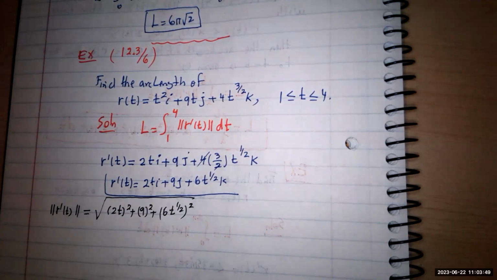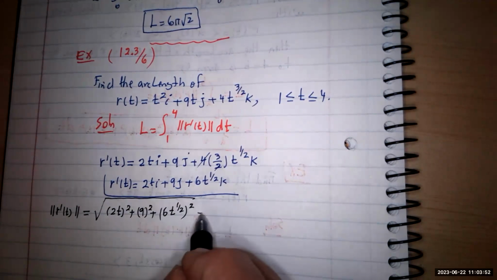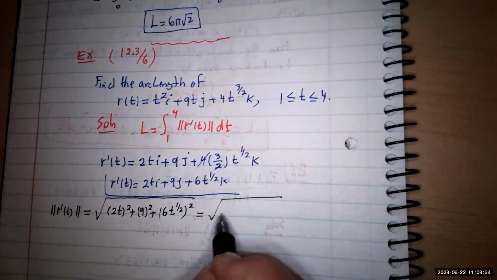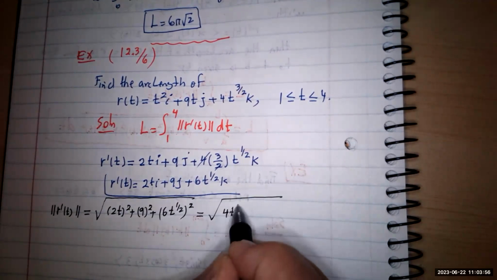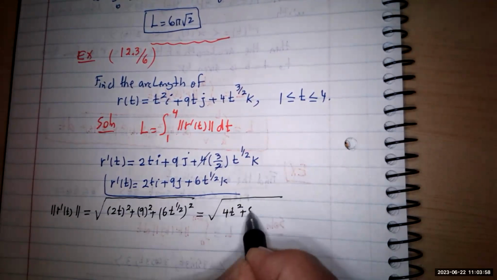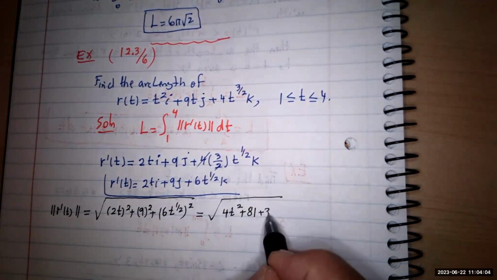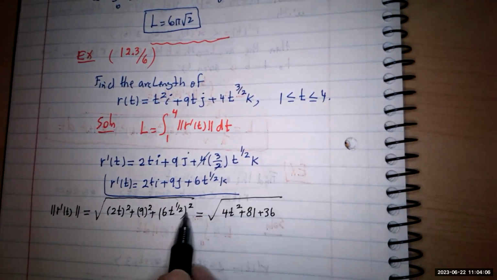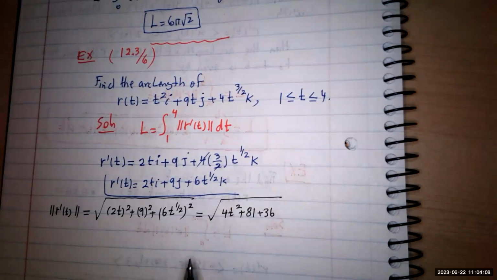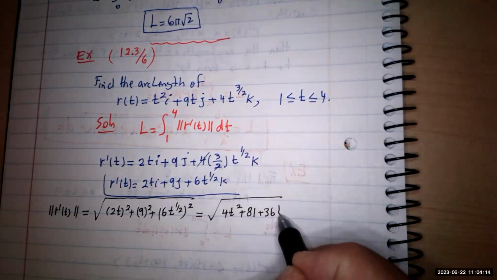Carefully square it. So you end up with 4t squared plus 81, and 6 squared would be 36, 36 times t to the 1 half squared. You multiply the powers together, so 1 half times 2 would be 1. So that gives you a t.